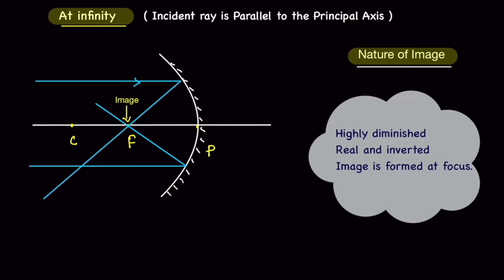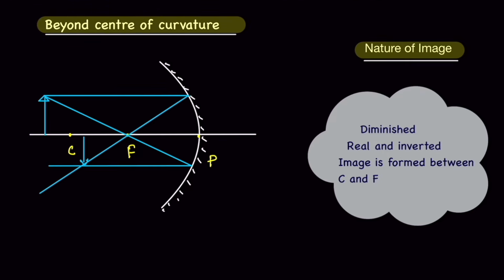Now we'll see when the object is beyond center of curvature. So in the ray diagram of beyond center of curvature, the object is present beyond the center of curvature. Here this is the object and this is the height of the object. Always we will consider two rays. First we will take the parallel ray.